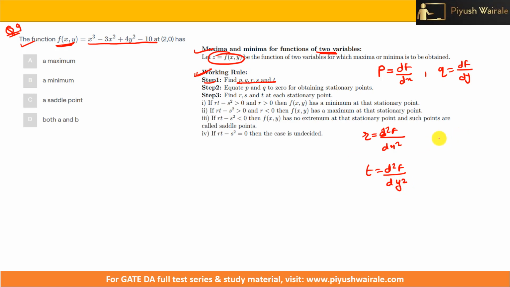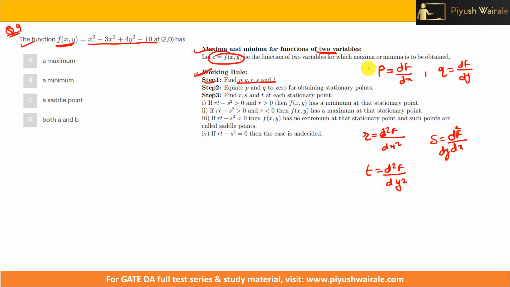Now what is s here? s is, first differentiate f with respect to x, then differentiate this again with respect to y, so it is d2f by dy dx. So this is basically s.